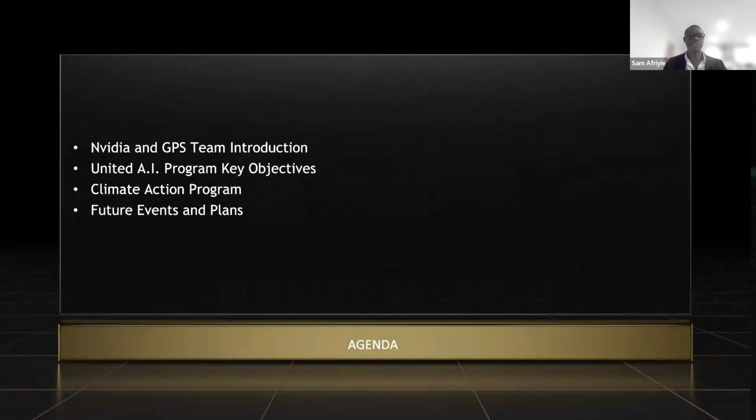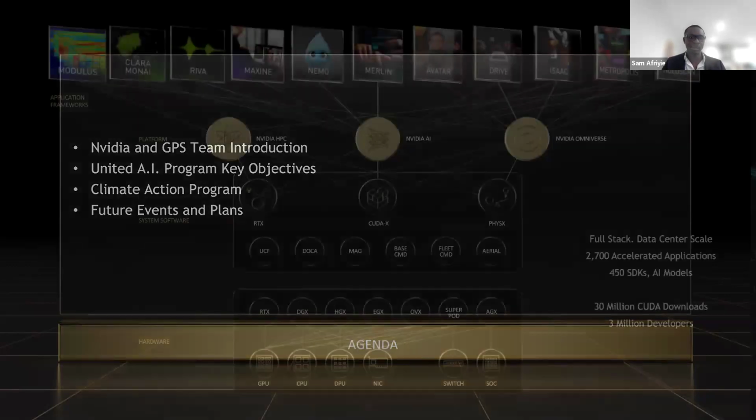Then the program perspective for this initiative that we called the United AI Alliance, with the help of GPSDD again and the UN. And also some climate programs that we undertake, using our technology to support governments to fight climate change around the world.